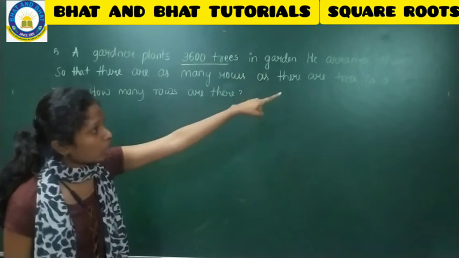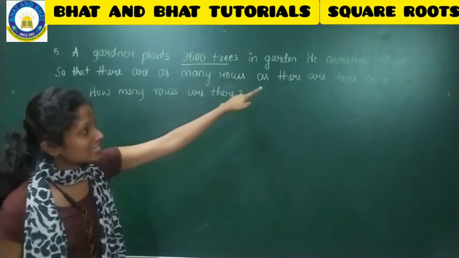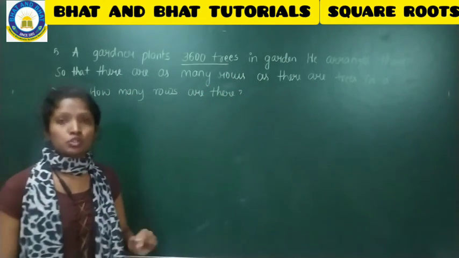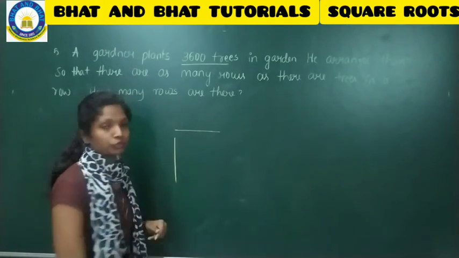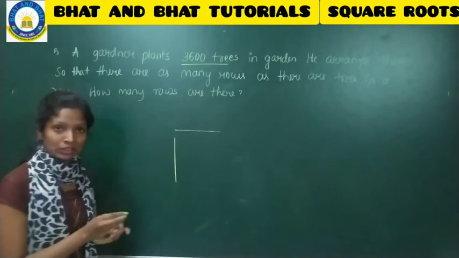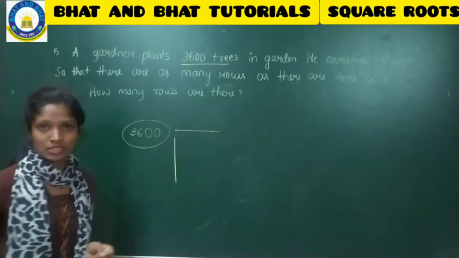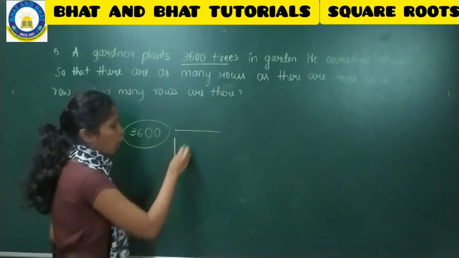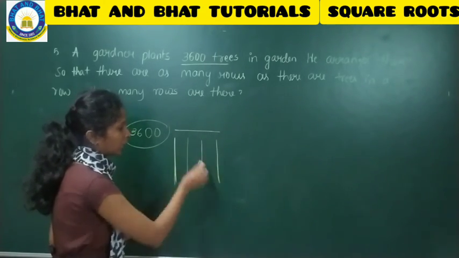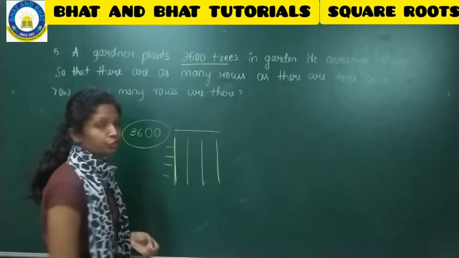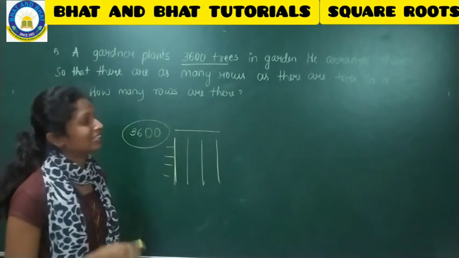He is going to arrange them so that there are as many rows as there are trees in a row. So this is what we are going to call a column, and this is what we are going to call a row. The number of rows that he is going to make must be equal to the number of plants in each row.